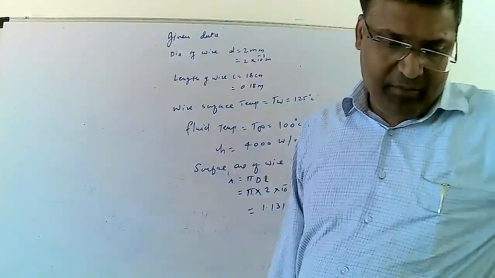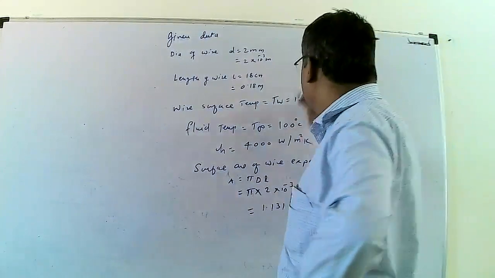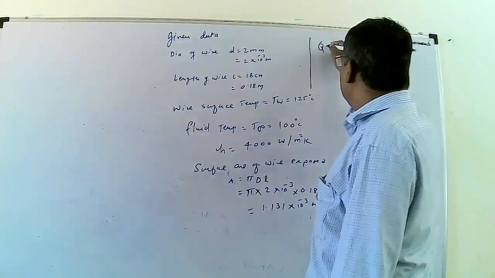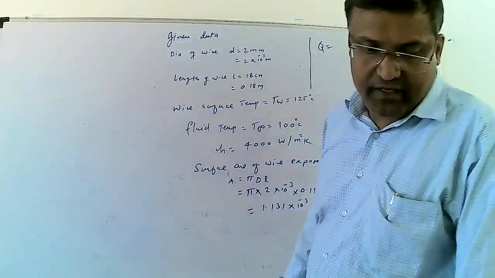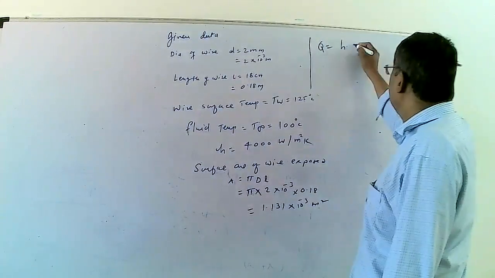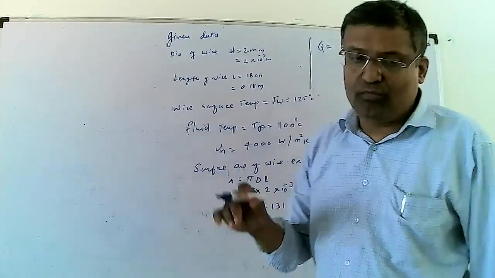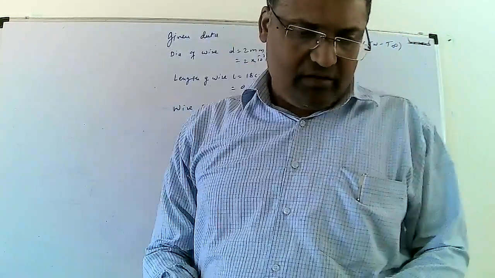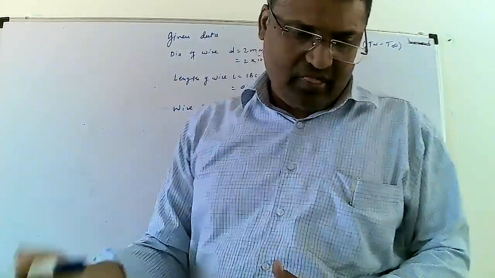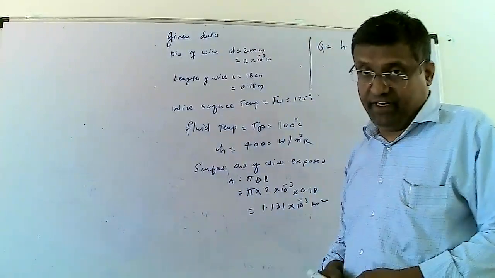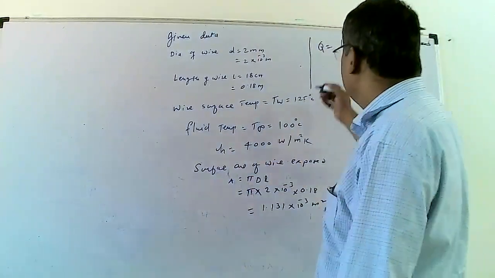Then here we can apply the formula Q is equal to h into A into (TW minus T infinity). That is the formula for the power, the heat transfer rate. You can easily calculate.